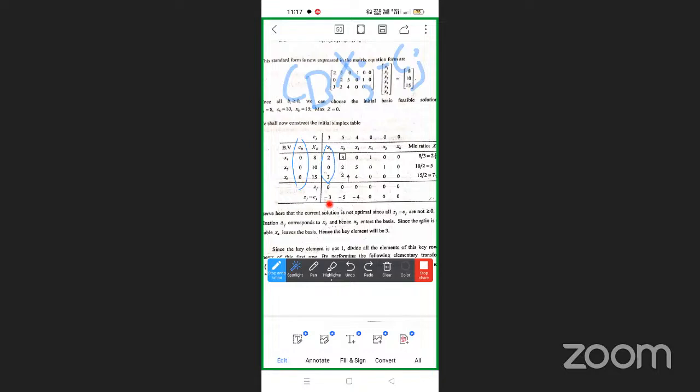Next, CB into XJ minus CJ for X2: all are zeros minus 5, so minus 5.